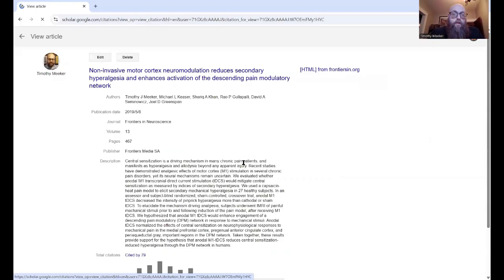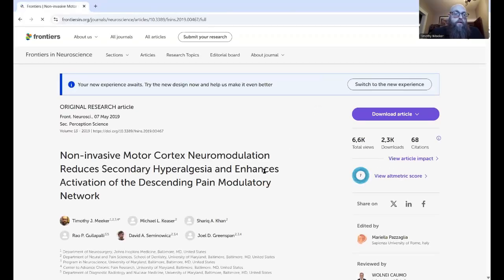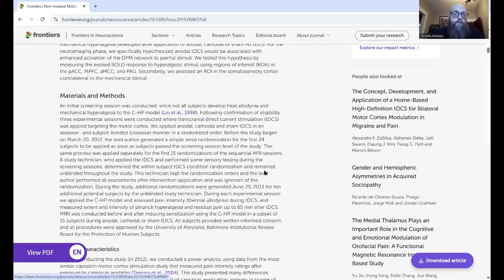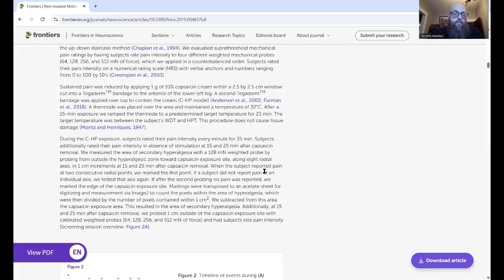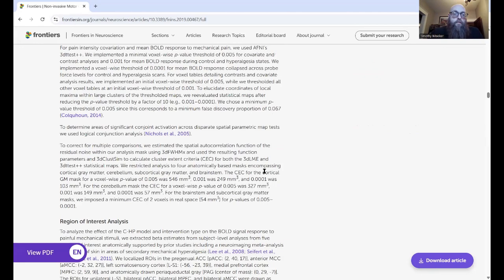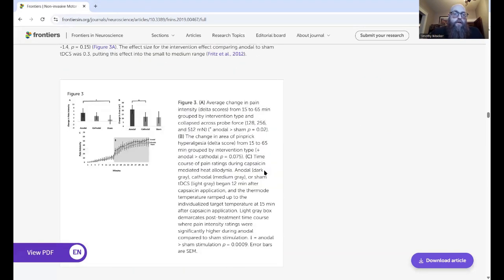If we click on it, it's actually freely available because it's in Frontiers in Neuroscience. So you can see abstract, introduction, materials and methods. There's lots of materials and methods, group level analysis. It was pretty intense.